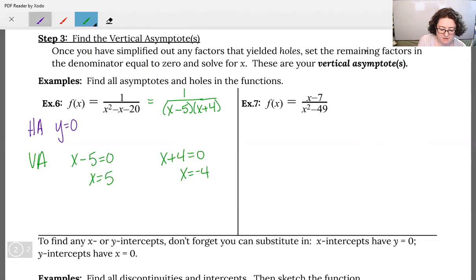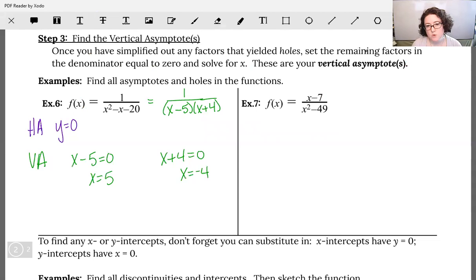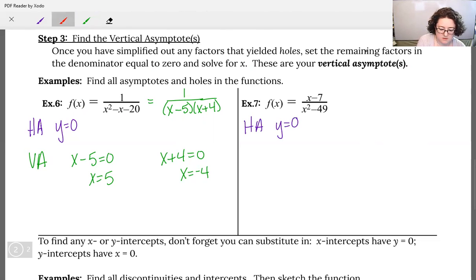Okay, example 7. Again, start with your degrees. The degree in the denominator is bigger on this one, so our horizontal asymptote is going to be y equals 0. Okay, let's go ahead and factor these and see if we have any holes. The numerator is already factored.